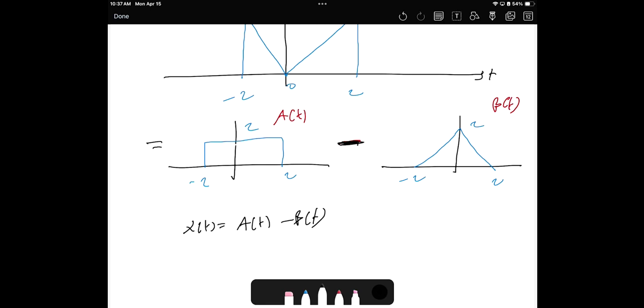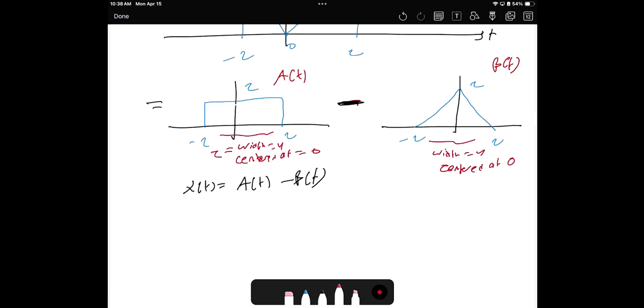Good. Now let's write the function A of t. A of t is actually a rect. Here the width is equal to 4, and the center is at 0. So basically we can say tau. Then the same thing here: width equal to 4, center at 0.